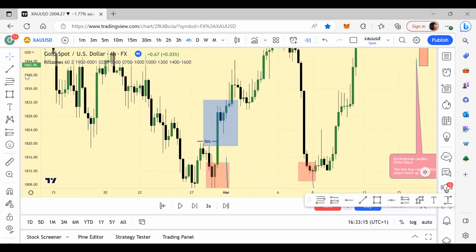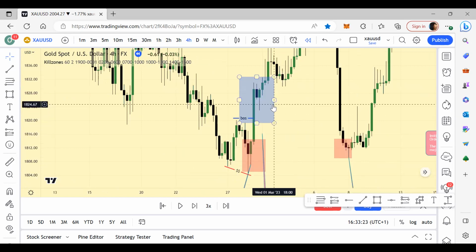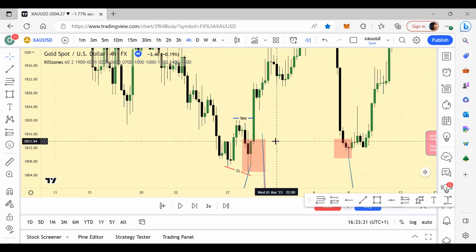Okay, now that we have established what an order block is, and we've spoken about imbalances, and we've also spoken about potentially high probability order blocks, what are the three things I mentioned when I spoke about high probability order blocks? Which ones are they?